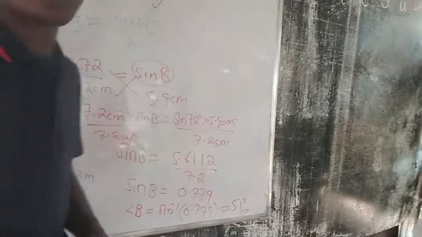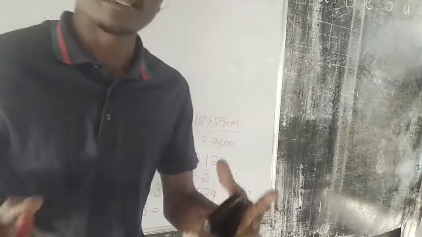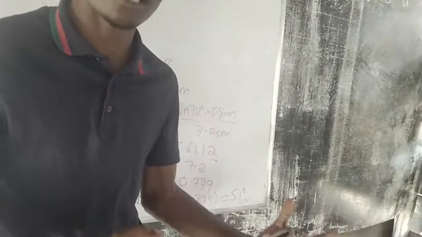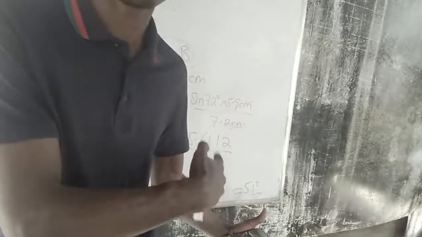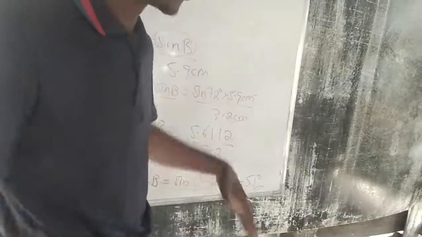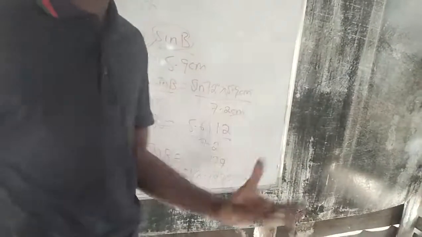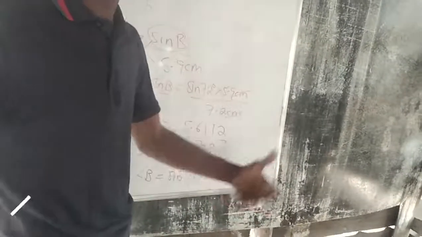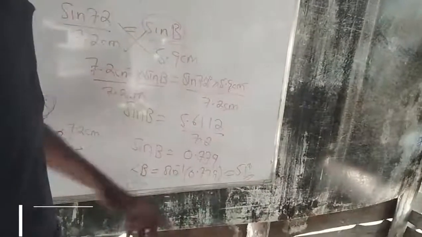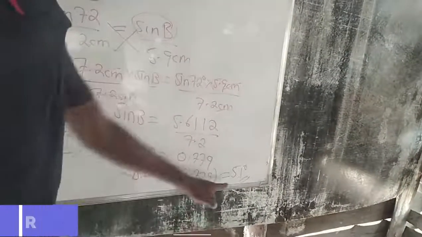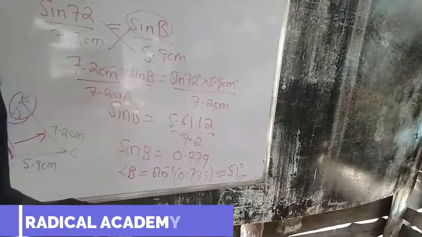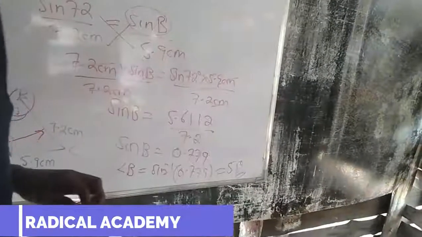Now, for the sake of simplicity, that final answer you can just write as 51, but if you like, 51 point something. But for simplicity, for the sake of the example, just 51. Okay, so that's how you find the angles. So you always press the shift button.